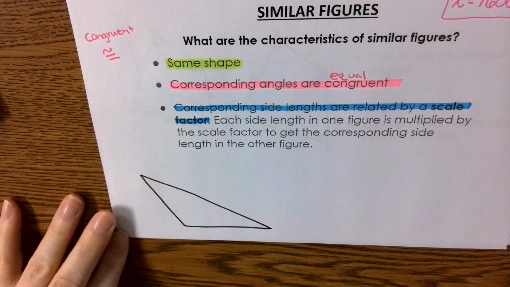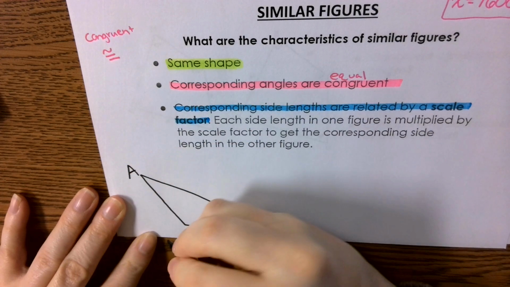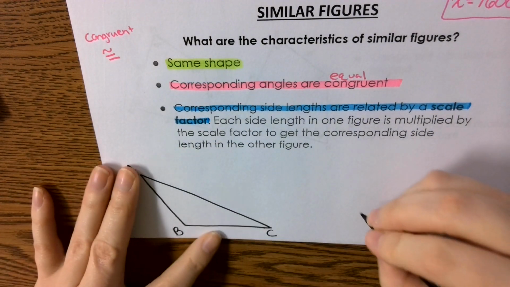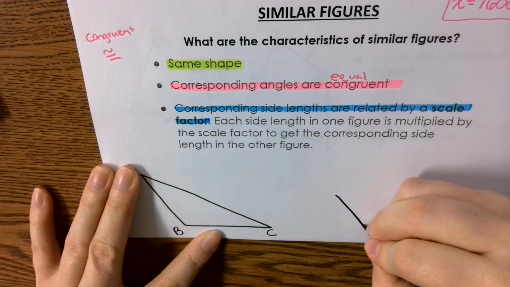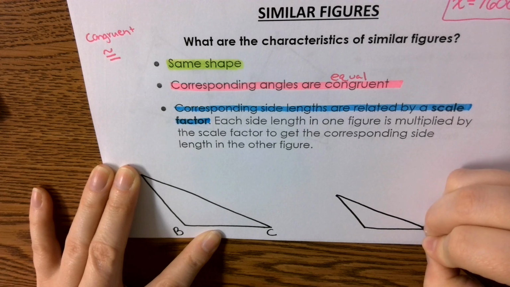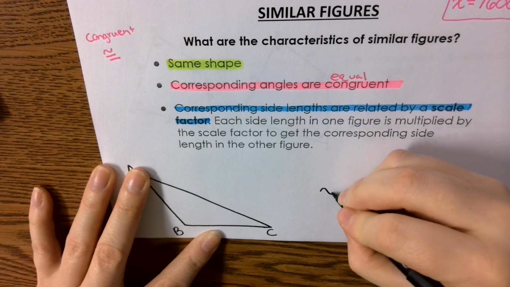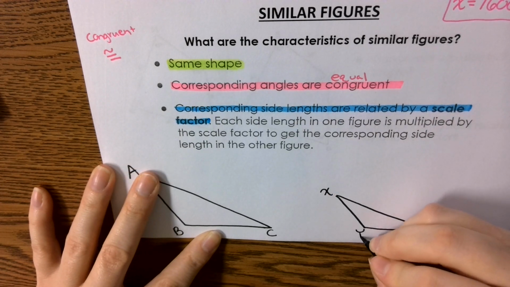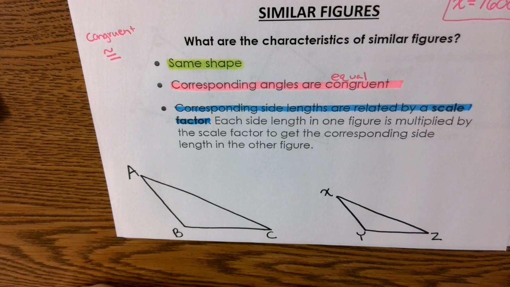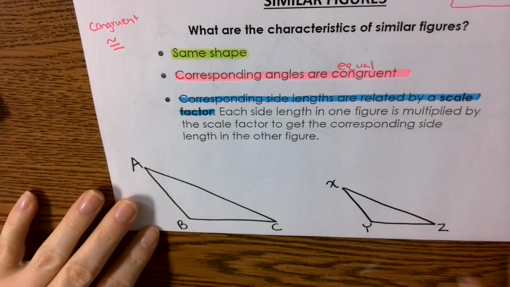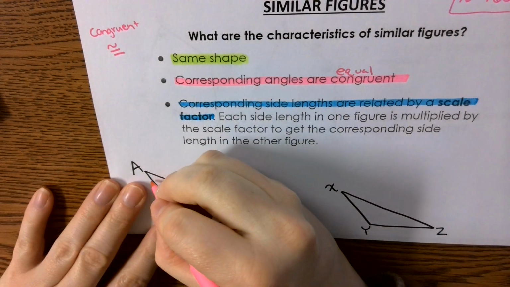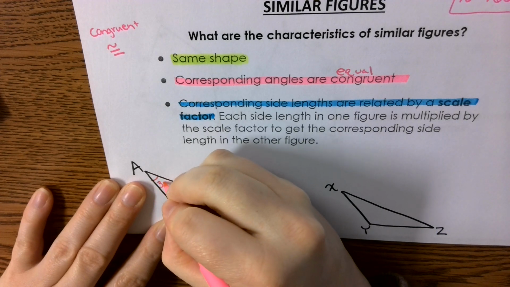We're going to go ahead and label this triangle A, B, C. And then I'm going to draw a smaller triangle, and we will label that one X, Y, and Z. Okay, and I'm going to go ahead and indicate that angle A has a measurement of 30 degrees.